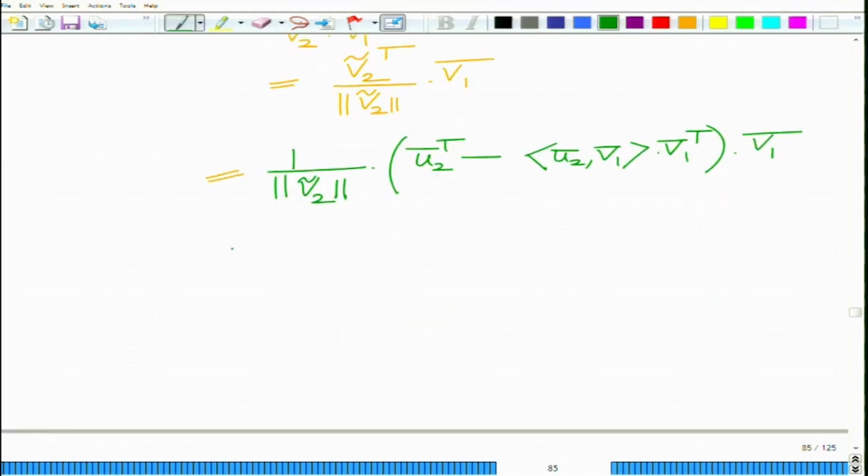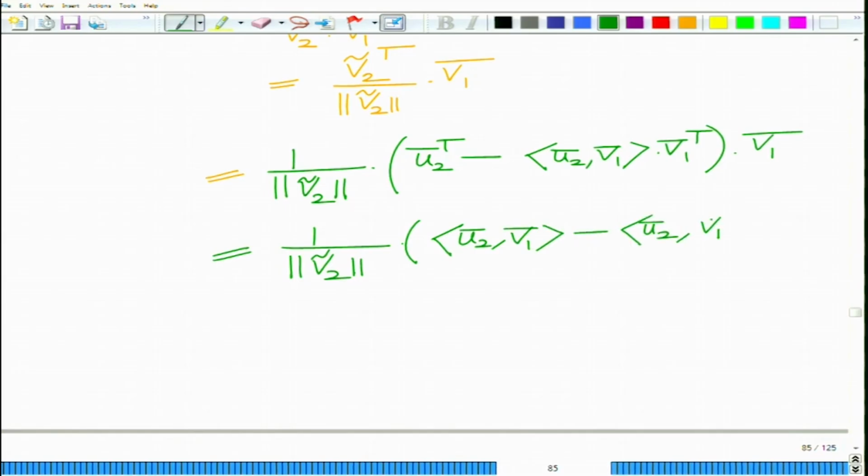Now, if you expand this, what you obtain is 1 over norm V2 tilde times U2 bar transpose V1 bar, that is the inner product of U2 bar comma V1 bar, minus the inner product of U2 bar comma V1 bar times V1 bar transpose V1 bar, which is norm V1 bar square, but this is equal to 1.